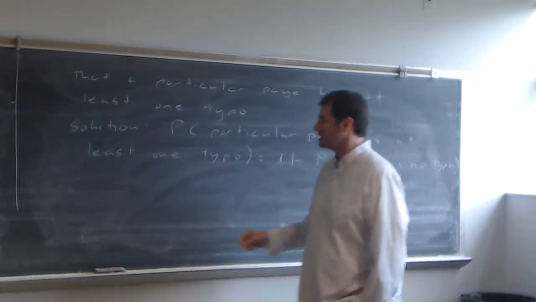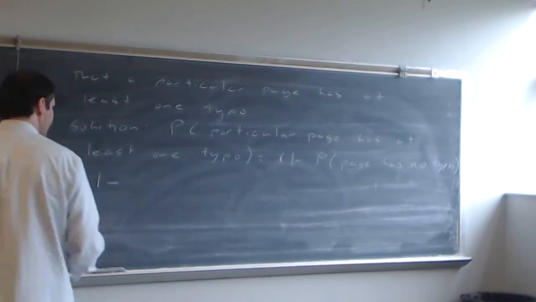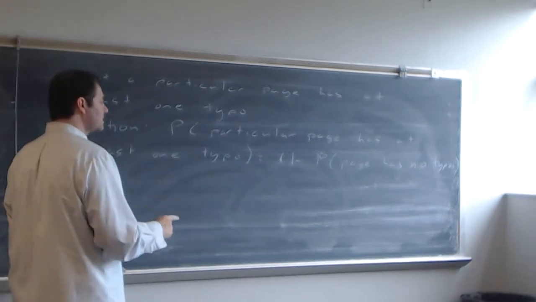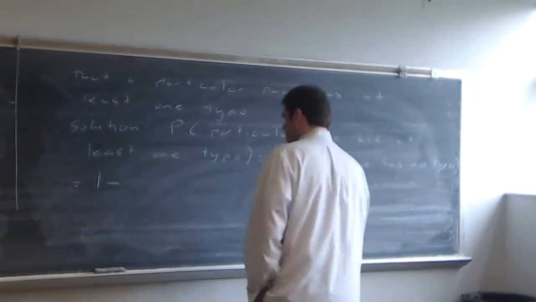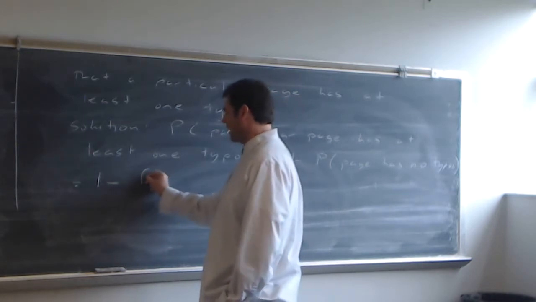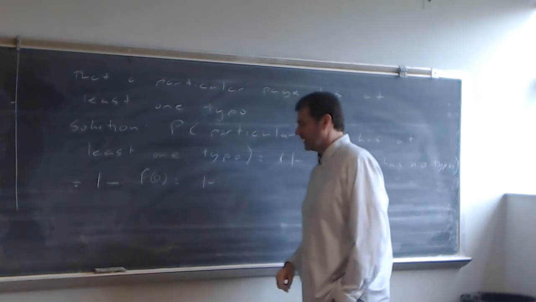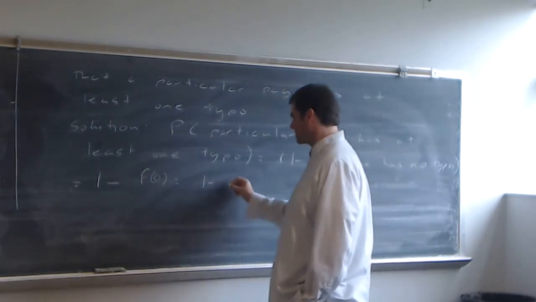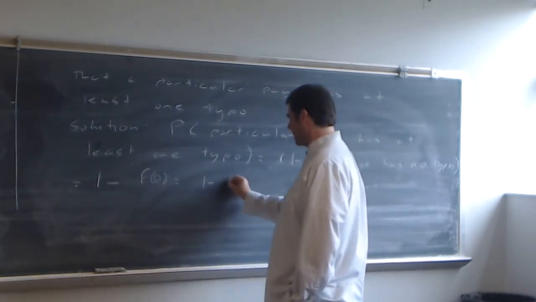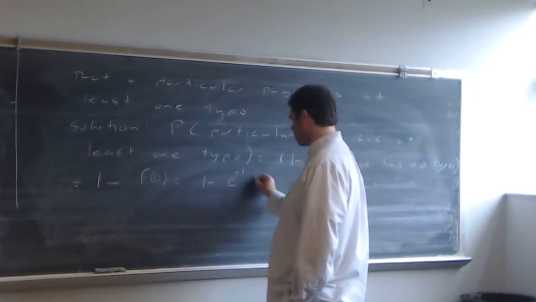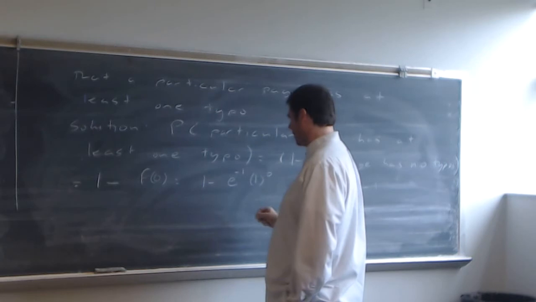So this is equal to 1 minus the probability that the page has no typos, which would be f of 0, the PMF at the value 0. So this is 1 minus e to the minus lambda, that's minus 1, lambda, which is 1, to the x, which is 0, all over 0 factorial.